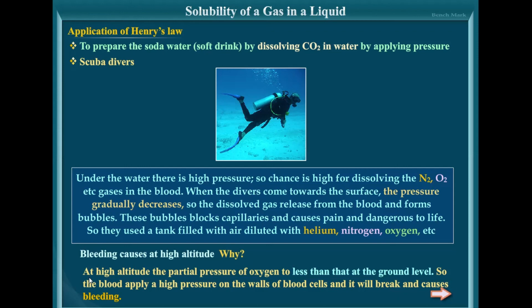Oxygen present in the inhaled air dissolves in blood because of high partial pressure and combines with hemoglobin to form oxohemoglobin. In tissues where the partial pressure of oxygen is low, oxohemoglobin releases oxygen for its utilization in cellular activity. So this is what is taking place in our body.